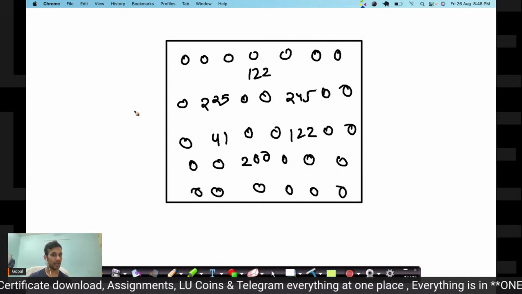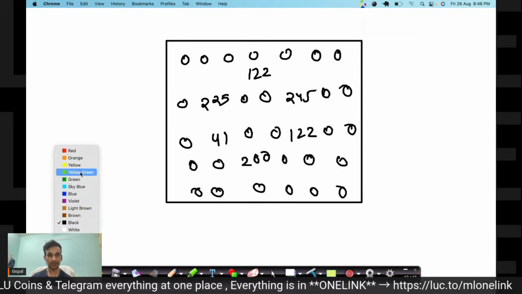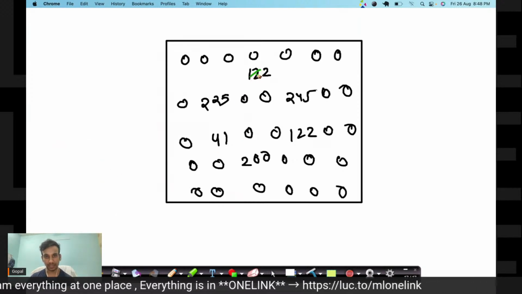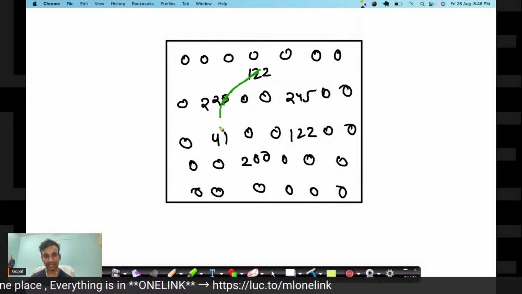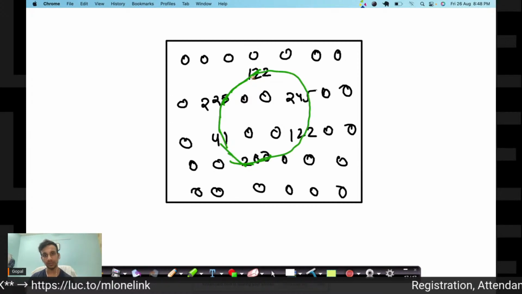So when we have this certain structure, if I just focus here, the brightest region will outline this region, yes or no?